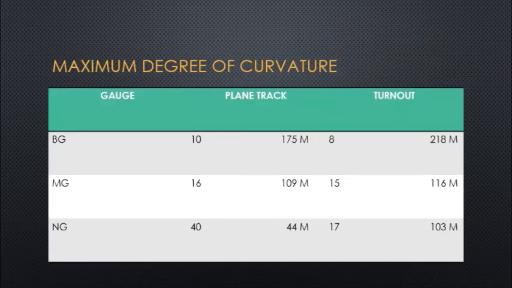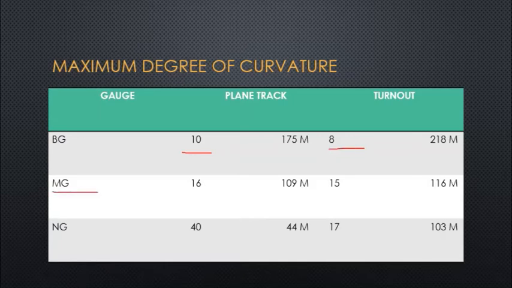Now we will discuss the maximum value of degree of curvature provided in plain tracks and turnouts, which may change according to the gauge. If the track is broad gauge, for plain track the maximum degree of curvature is 10 degree, and for broad gauge turnouts the maximum is 8 degree.